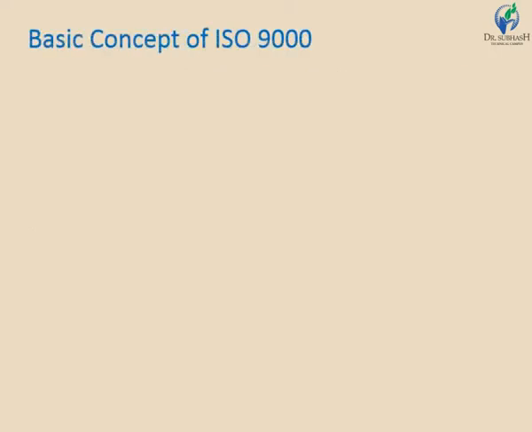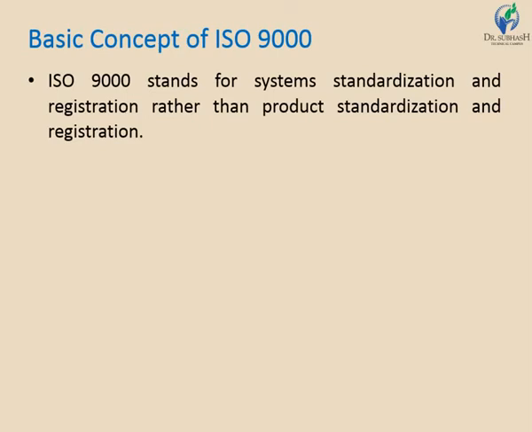Next are the basic concepts of ISO 9000. ISO 9000 stands for systems standardization and registration rather than product standardization and registration. So what is ISO 9000? It is related to systems standardization.